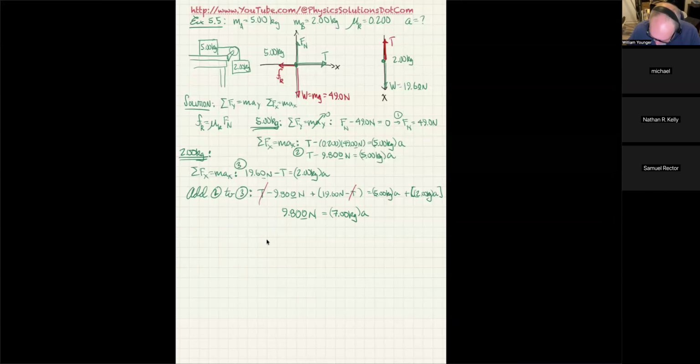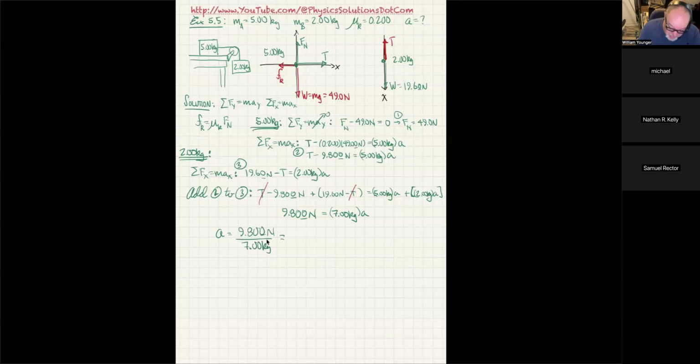All right. Now I solve for A, and I get A is equal to 9.800 newtons divided by 7.00 kilograms. Again, a newton is a kilogram meter per second squared. So dividing out a kilogram is just going to leave us with meters per second per second.